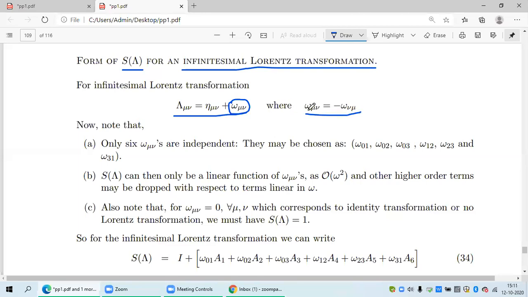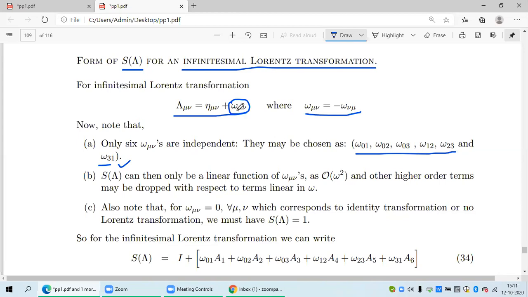Because of this antisymmetry, out of the 16 possible components, only 6 are independent, which I can choose to be these 6. The diagonals are 0, so omega 0 0, omega 1 1, omega 2 2, omega 3 3 are all 0. And there are 12 other off-diagonal elements, 6 of which are negatives of the other 6. So I have chosen the 6 independent parameters as this. So omega 1 0 will be minus omega 0 1, like that.